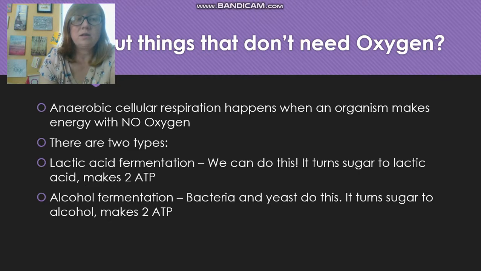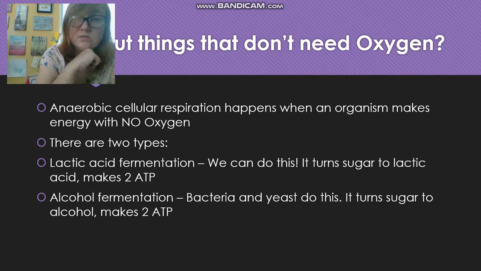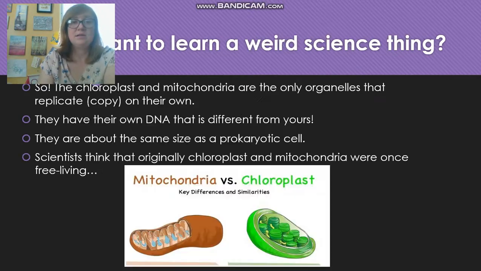And if you look up, be careful what you're looking up, but if you look up how alcoholic drinks are fermented, you will see that a living creature like yeast is used in this process to ferment whatever ingredients that you have and turn it into alcohol. And that's why different alcohols exist and they taste different, which you will not know until you turn 21. Please and thank you. Okay, please.